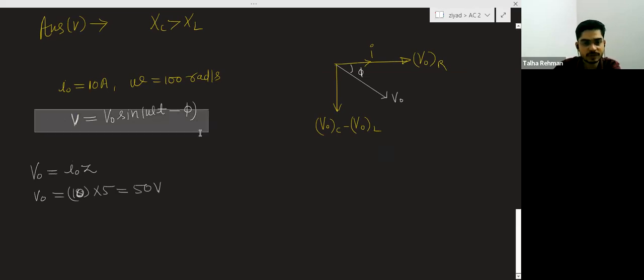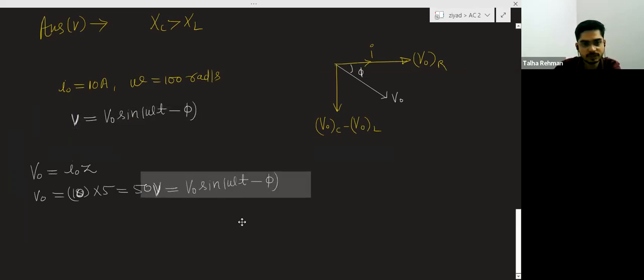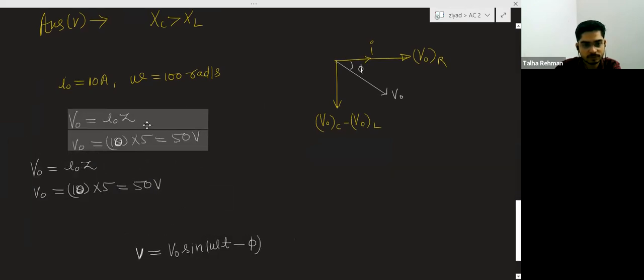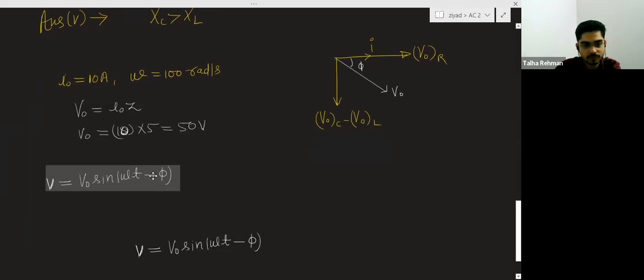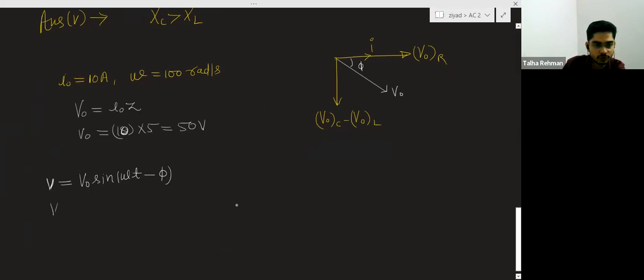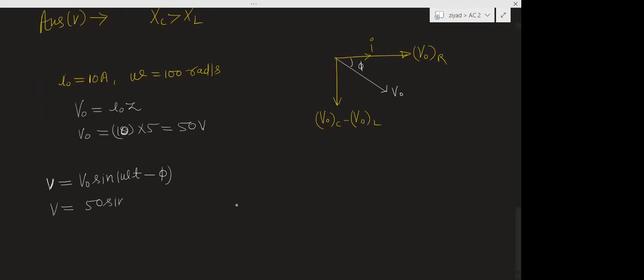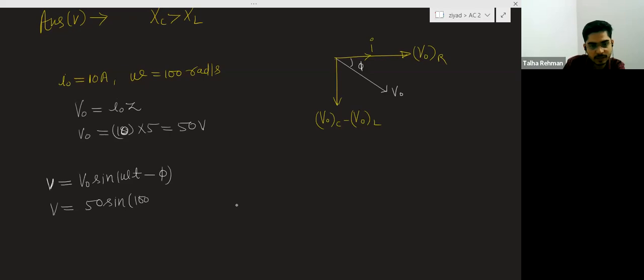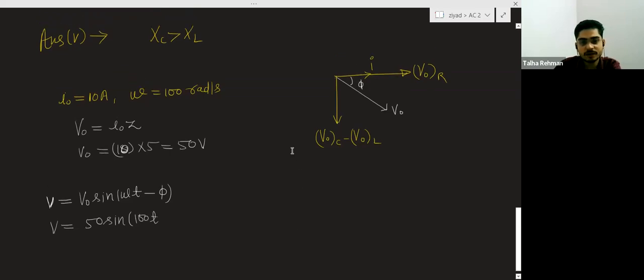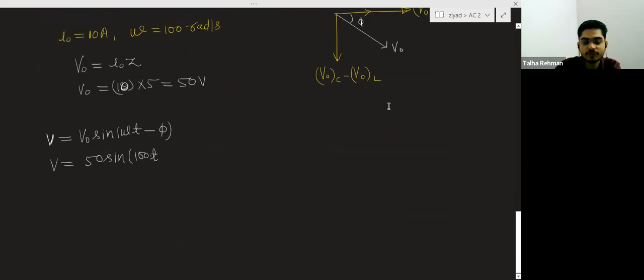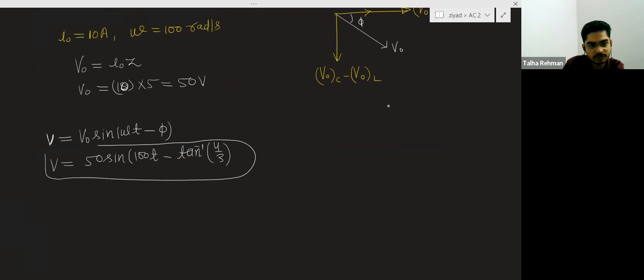So now equation of the voltage V is equal to 50 sine, omega is 100, 100 t. What is phi? Phi is tan inverse 4 by 3. So we will put minus tan inverse 4 by 3. So basically this will be the equation of the voltage in this circuit.